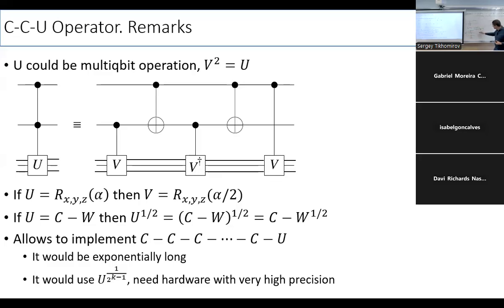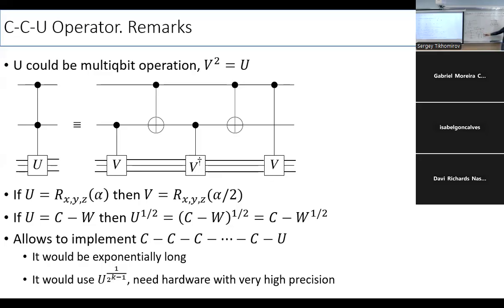I will start with a special operator which has a lot of things, and this would be just controlled U. And if here there were K controls, here it would be K minus 2 controls.